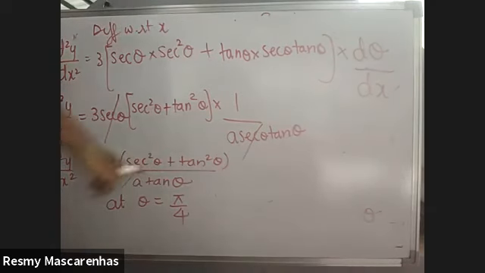So sec 45 is root 2 and there's a whole square. Tan 45 is 1.